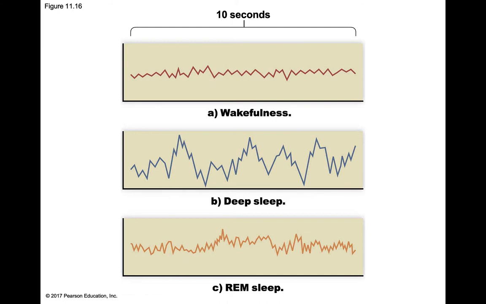These deeper levels of sleep, deep sleep and REM or rapid eye movement sleep, are important because they impact the quality of sleep. And one of the things that happens during these deeper levels of sleep is the body's producing more neurotransmitters.